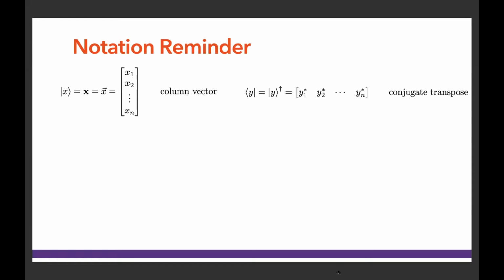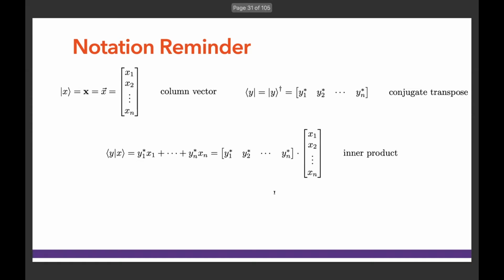Okay, so just a quick notation refresher. We're going to denote by ket X a column vector, the letter X between a vertical bar and an arrow pointing to the right, and by bra y the conjugate transpose of that, inside these funky looking brackets pointing to the left. Then our inner product can be written as bra y ket X, which is simply the inner product of the corresponding vectors.